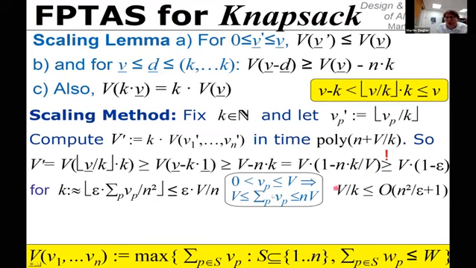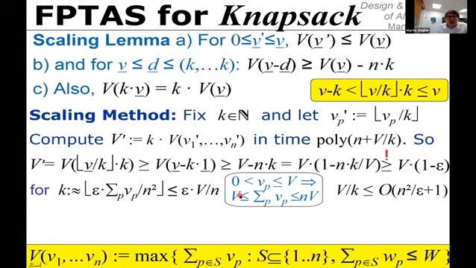On the other hand, we have these bounds on capital V. Observe this bound says capital V, the optimal value, is at most the total value of all packets, right? So when summing all values of all packets, that will exceed V. That will dominate the optimal value.